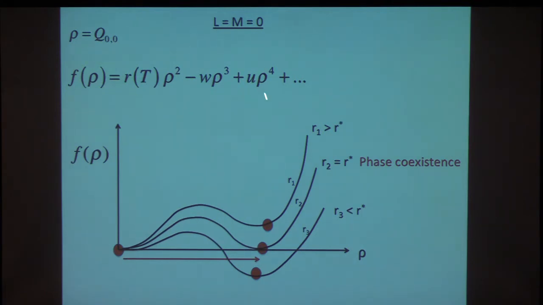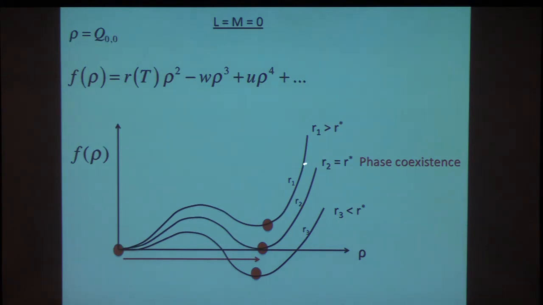So this is a third order polynomial. On purpose I take it negative, so there is a typical third order polynomial. And as you make R smaller, so R1 is large, then it looks like this. And Landau tells us that you have to minimize over there because you have the lowest value. There's a metastable minimum over here. So at this temperature, or this value for R, R1, the minimum state is at rho equals 0.